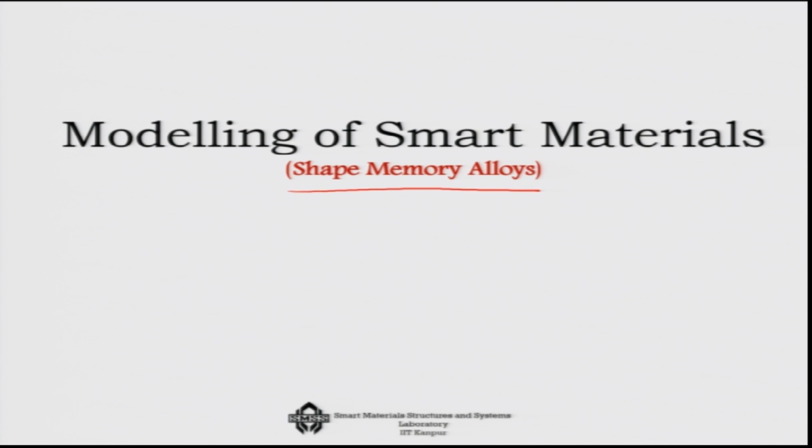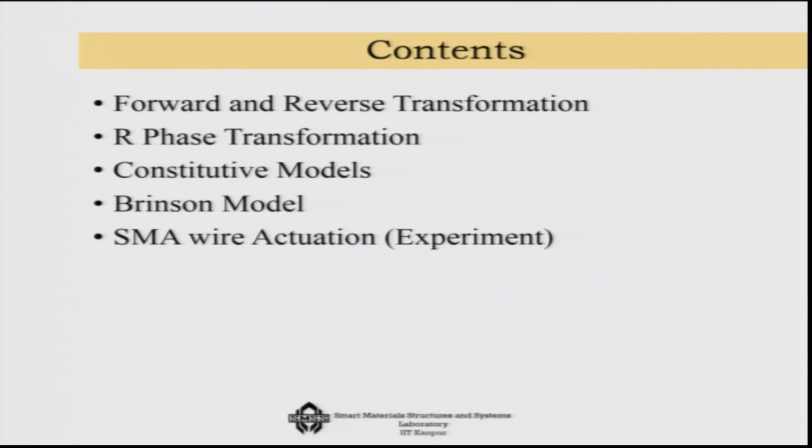Now, in today's lecture I want to talk about the modeling of shape memory alloys, which plays a very predominant role among all the smart materials, specifically because of its large actuation strain, large actuation force, and also robustness of the system. There are many practical applications where shape memory alloys are used, and hence let us put a focus on them.